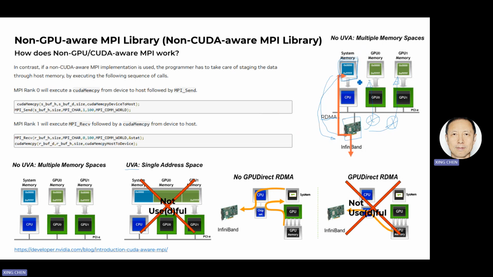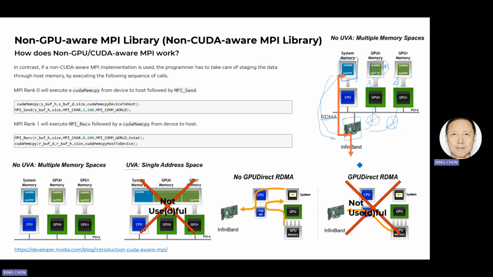If you happen to have your data somewhere in the GPU memory, for example, you have the p-sum here, the traditional MPI library cannot access this p-sum located in the GPU memory. It cannot send this variable through the network to other nodes.